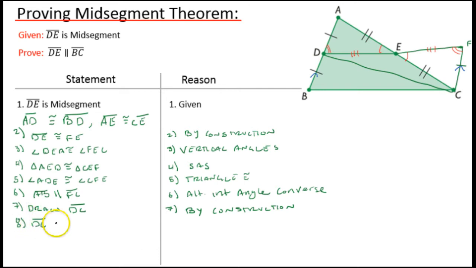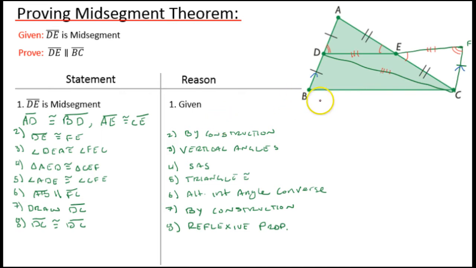So I'm going to write that down. Segment DC is congruent to segment DC. This is by reflexive property. If that's the case, I'm going to draw that in. So this is going to be our fourth congruency: 2, 3, 4.